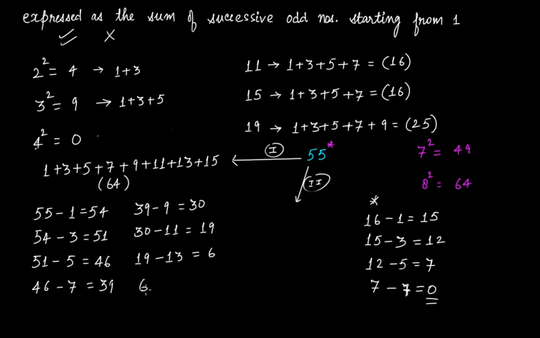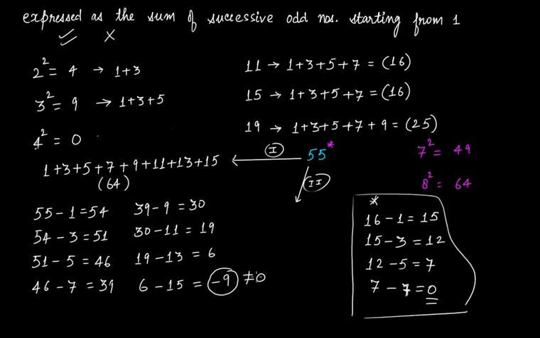And now 6 minus 15 is going to give you minus 9. Of course, this is not 0. If this number were a square number, this subtraction would finally give you 0, but it's not a square number. That's why you're not getting 0.